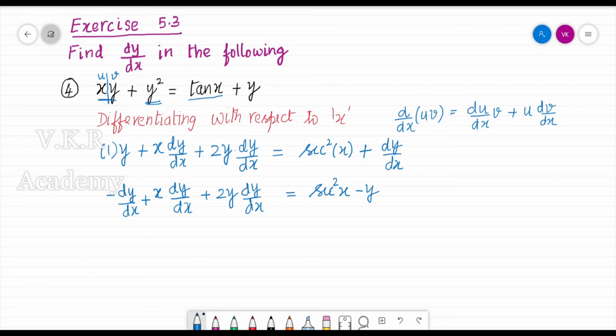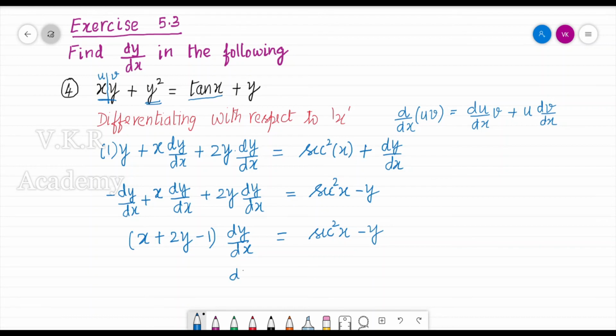So by distributive law, pick dy by dx in common. We have x plus 2y minus 1 into dy by dx is equal to secant squared of x plus y minus y.